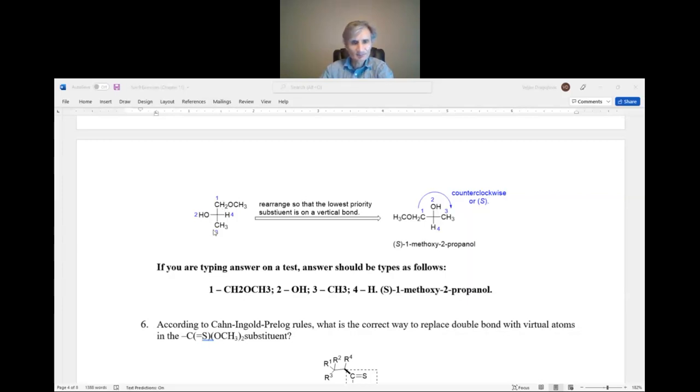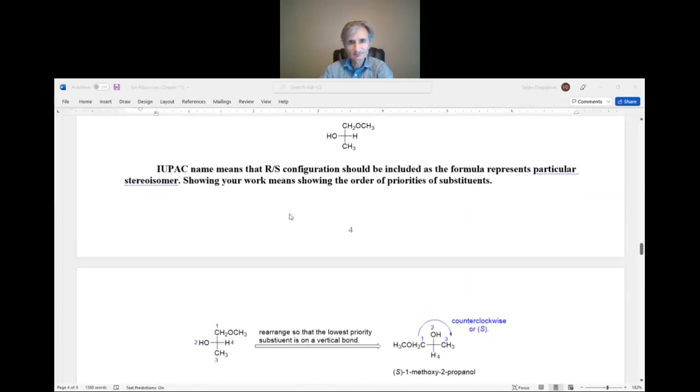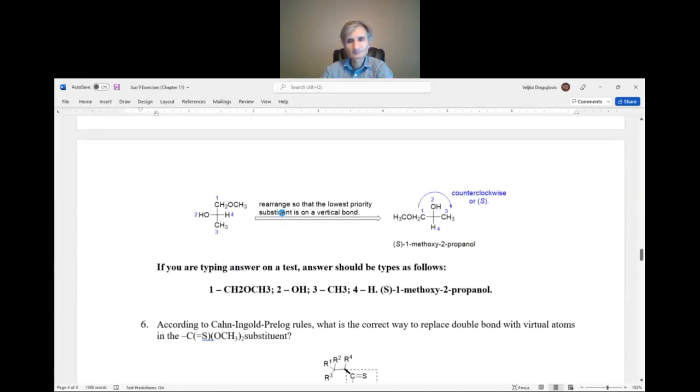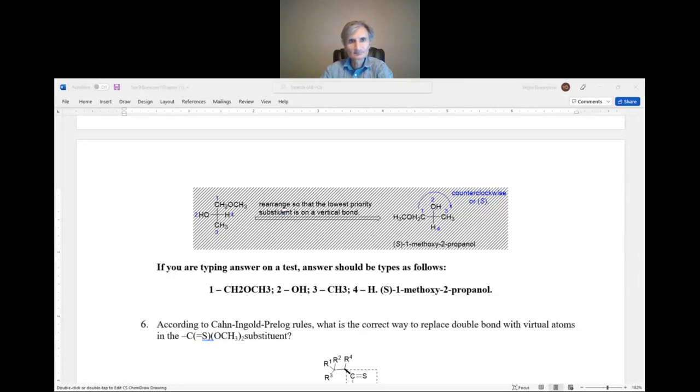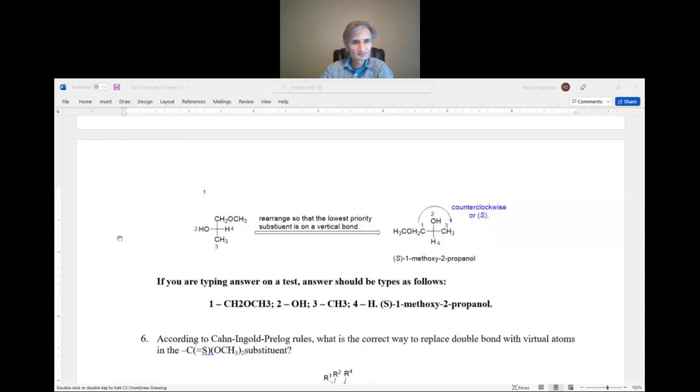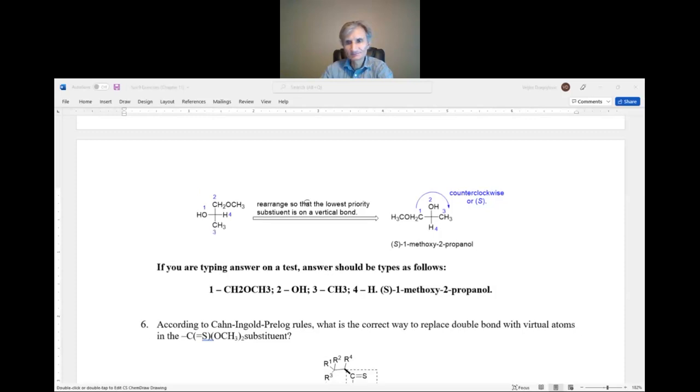Actually, in this case, looks like I made a mistake. So let's see. Just fix it in a minute. Oxygen has higher priority than carbon, of course.